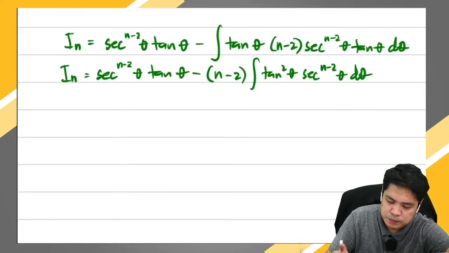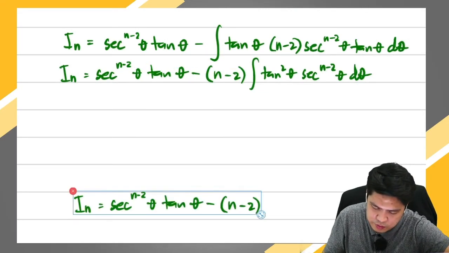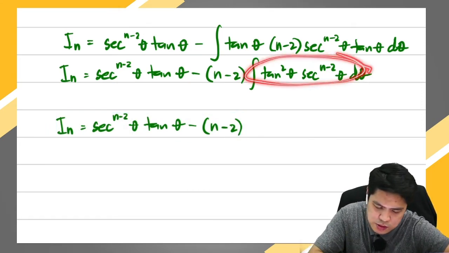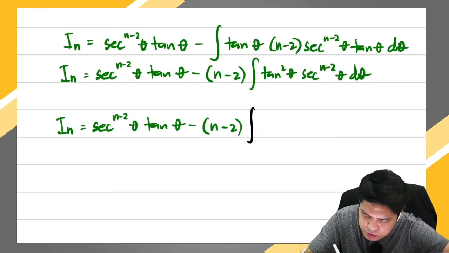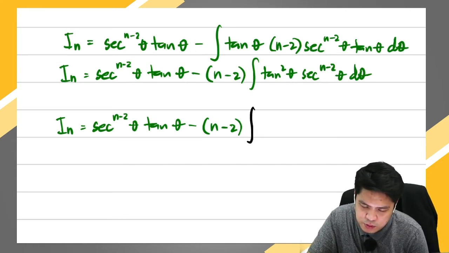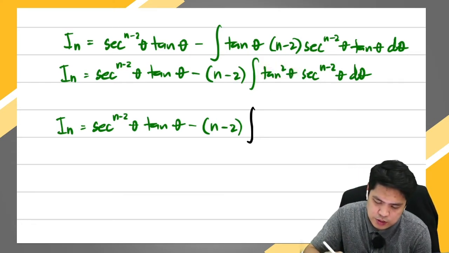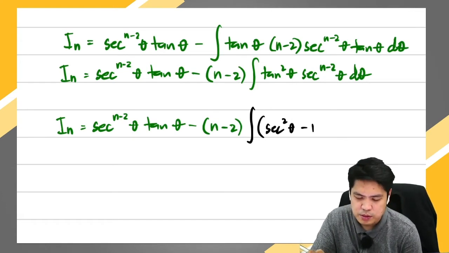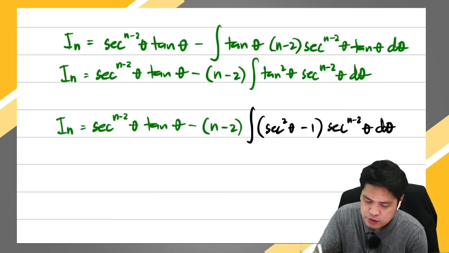Okay, so let me copy this. Now let us try to evaluate this. Ibahin natin yung color na lang. Balik tayo sa black. Then that would become, by transformation, I could change tangent squared theta to secant squared theta minus 1, right? Then multiplied by secant raised to n minus 2 theta d theta.